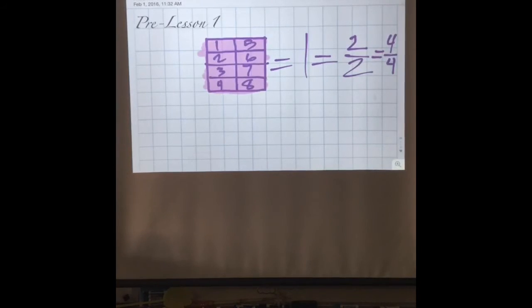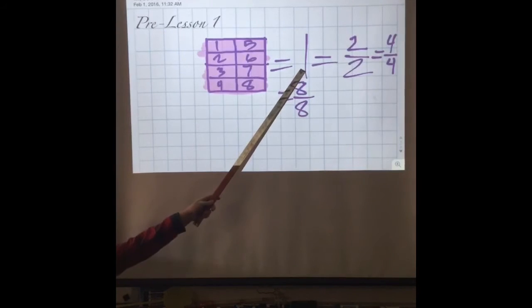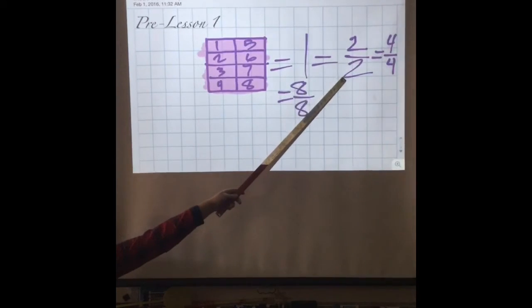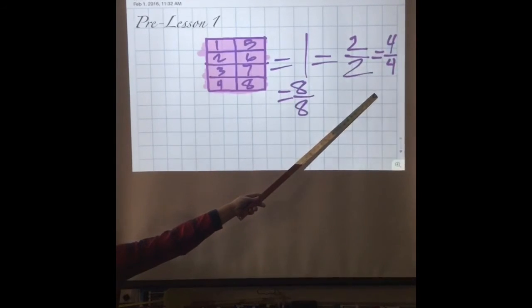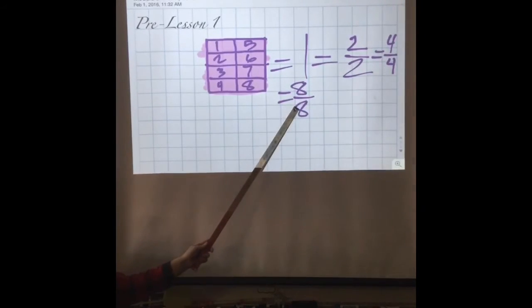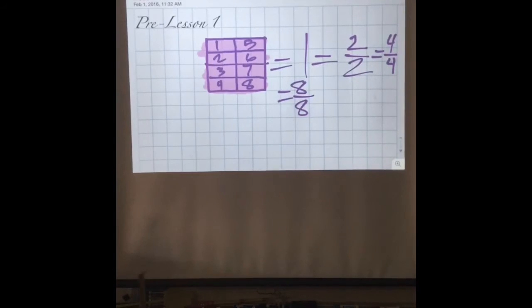So what would my bottom number be? 8. And how many of them do I have? 8. I have them all, right? So far we've learned one whole equals what? 2 over 2. And 4 over 4. And 8 over 8.